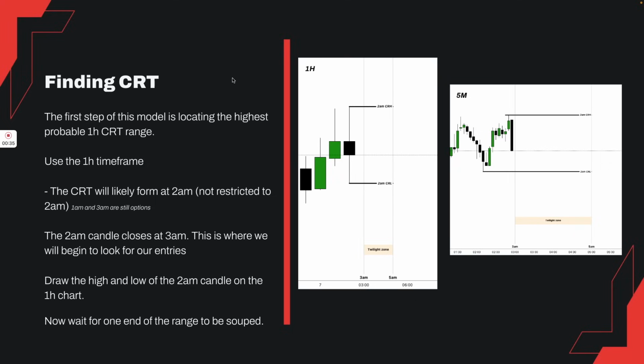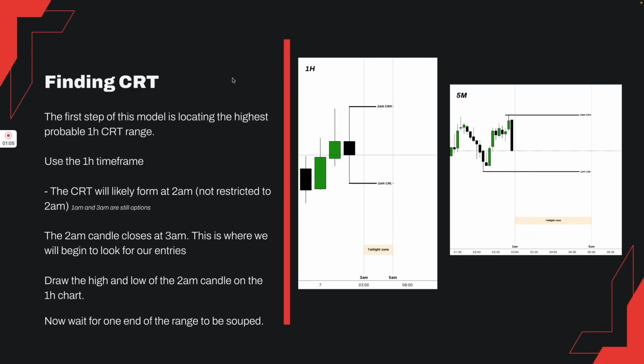The CRT will likely form at 2 a.m., not restricted to 2 a.m. What does this mean? This means that the highest probability CRT will likely be the 2 a.m. 1-hour candle. However, it can also be the 1 a.m. and 3 a.m. candle. Stay vigilant.